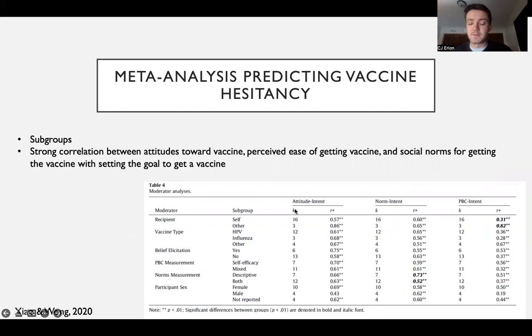We have various subgroups here about whether we're talking about the self getting the vaccine, another person, or a different vaccine that's not COVID. But the takeaway is that there was a strong correlation between our attitudes towards the vaccine, perceived ease of getting the vaccine, and social norms for getting the vaccine with actually having the intent to get a vaccine or setting the goal to get the vaccine. So this just supports the theory.